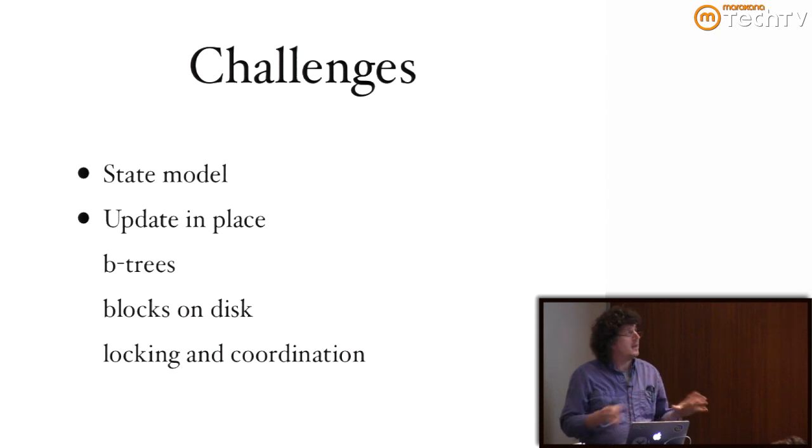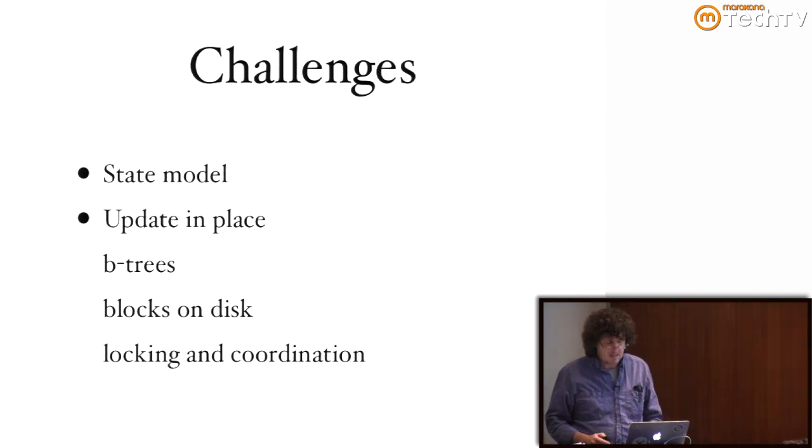Usually inside a database, there are these B trees. They use blocks on the disk. They'll reuse the blocks. They'll fill the blocks. They're rewriting them. They're usually interacting at a pretty intimate level with the memory management on the computer. And because they're updating in place, and they're trying to serve multiple clients, they have a huge amount of coordination overhead to do that. And that slows them down significantly.